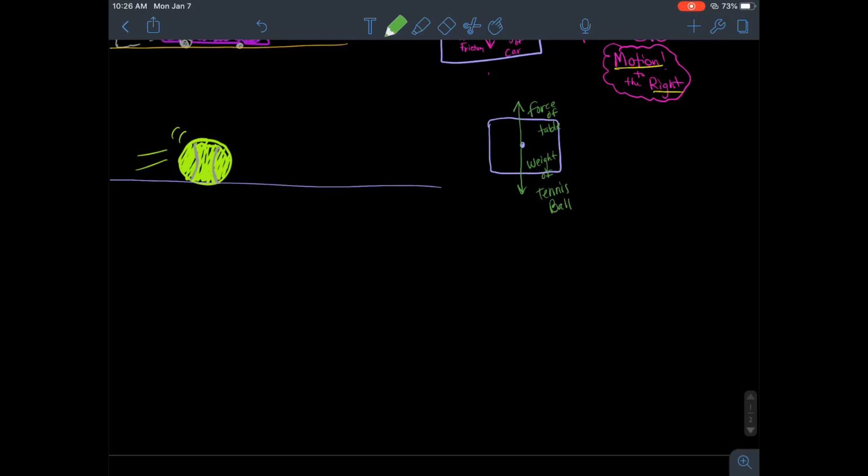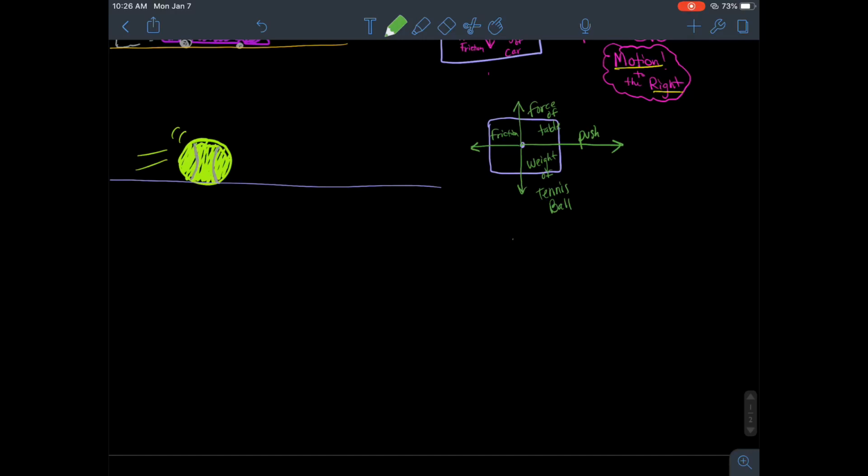Now, if you roll this across the table, it will eventually stop because there's some friction between the ball and the table. So let's say that this is the friction, which is going to slow it down, but it's overall moving forward, and so we'll say that this is the push that was applied to this tennis ball.